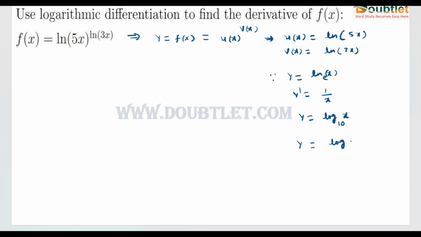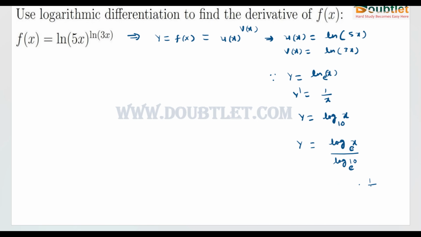So we can write log x base e divided by log 10 base e, which is ln x over log 10 base e. If we differentiate this, we will get 1 upon log 10 base e multiplied by 1 upon x. This is the thing that we have to keep in mind.